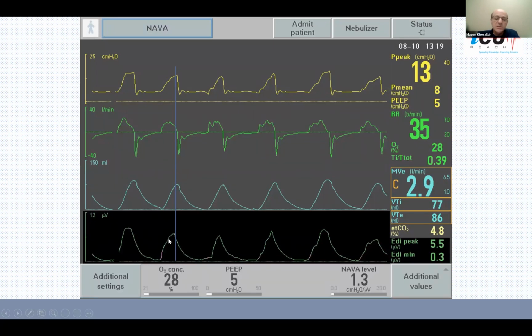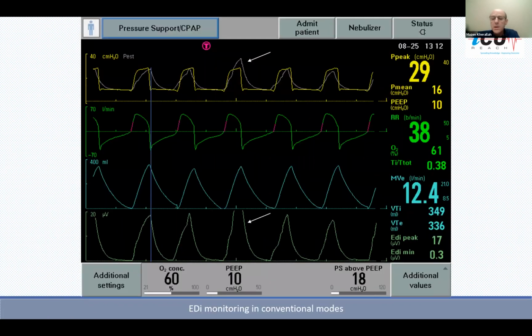In this breath here, for example, the electrical activity is 5.5, less than our target of 10 to 20, meaning that the respiratory drive for this patient is diminished a little bit. Compared to this patient, you can see in this breath here, the peak electrical activity of the diaphragm is 17, which is within the target between 10 and 20.